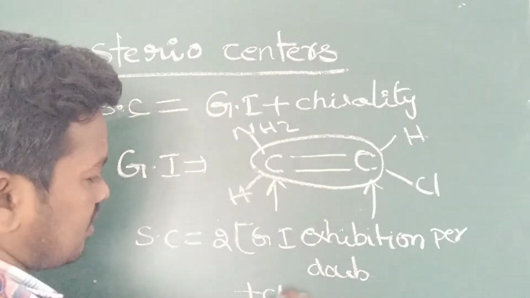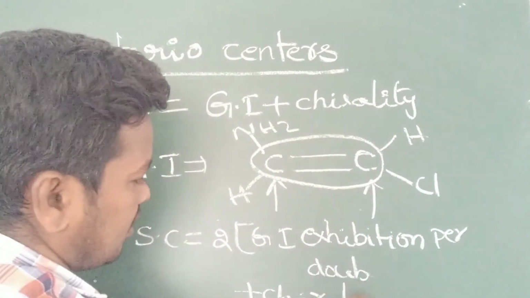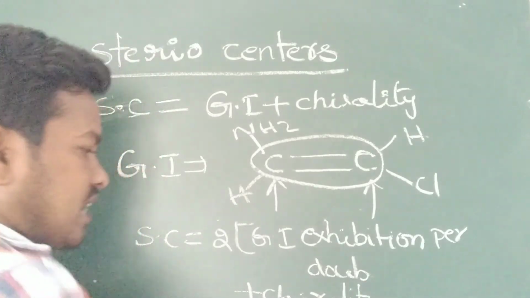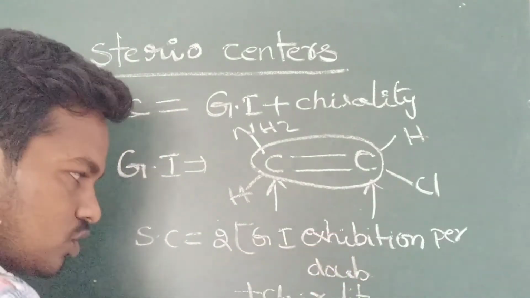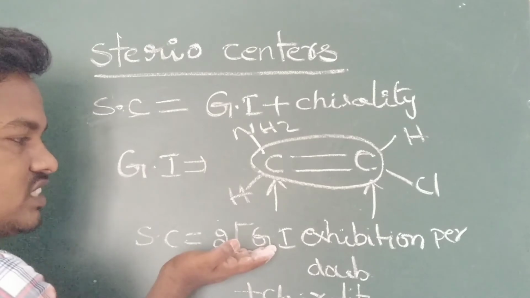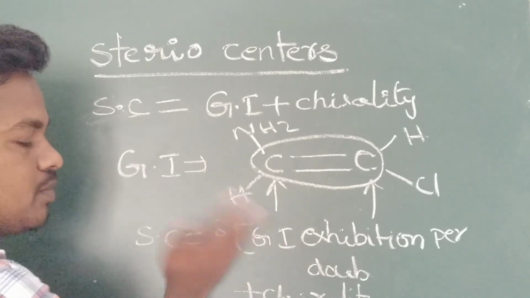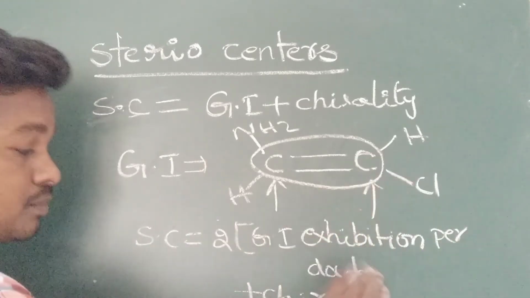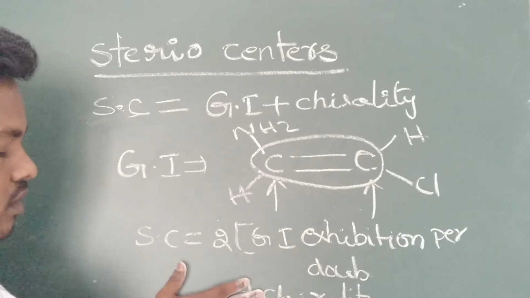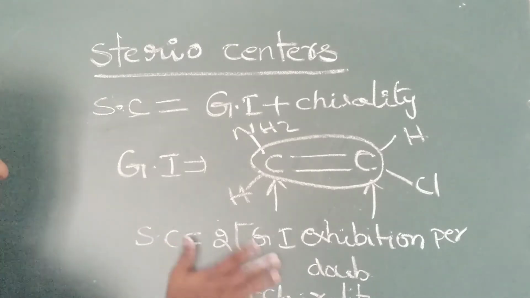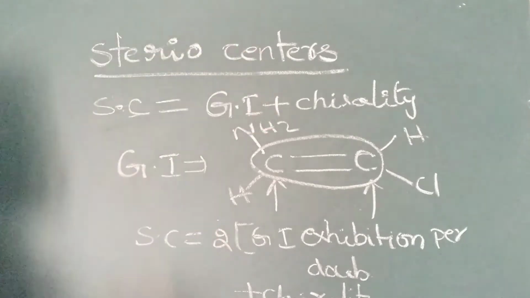Plus chirality. If it is a chiral carbon, mention it; chiral nitrogen, mention it. Add the GI atoms and the chiral atoms, and the sum of these is nothing but the stereo center.